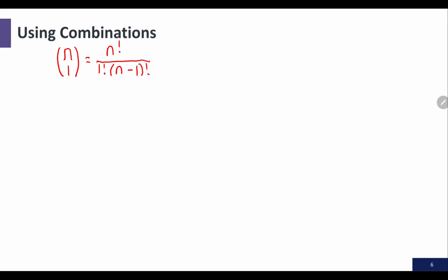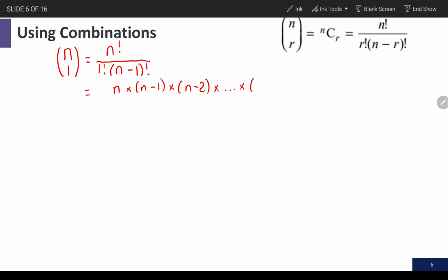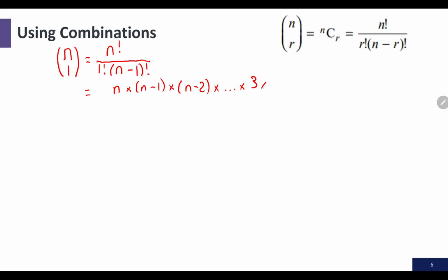Well, what does that become? n factorial is n, n minus 1, n minus 2, etc., all the way down to 3 multiplied by 2 multiplied by 1.